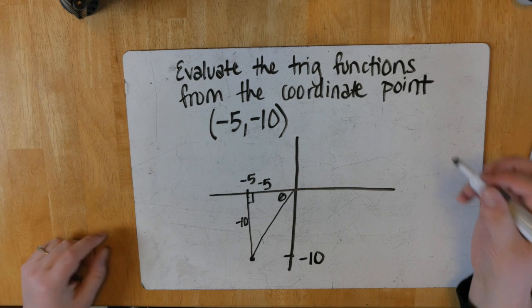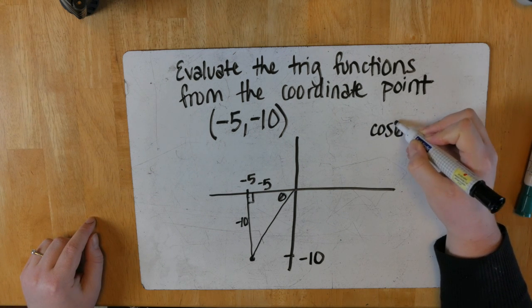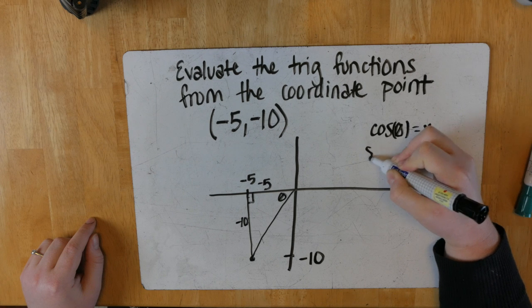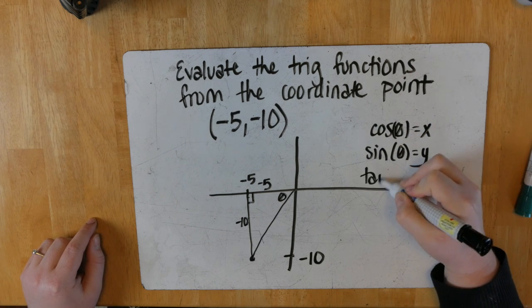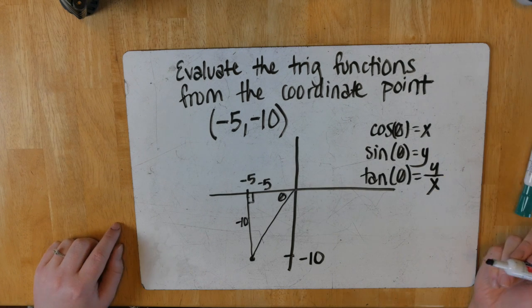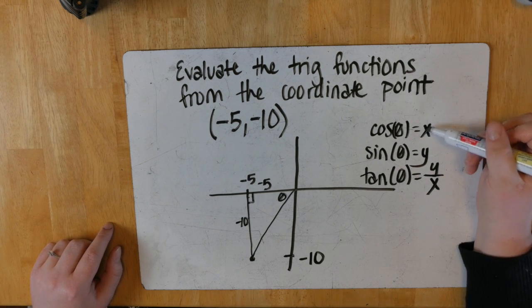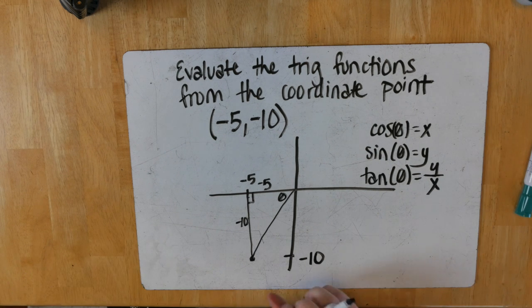And we might want to say that the cosine of theta is the x value, and the sine of theta is the y value, and the tangent of theta is going to be the y divided by x value, or the sine divided by cosine. And you'd be correct on one of those out of 3.